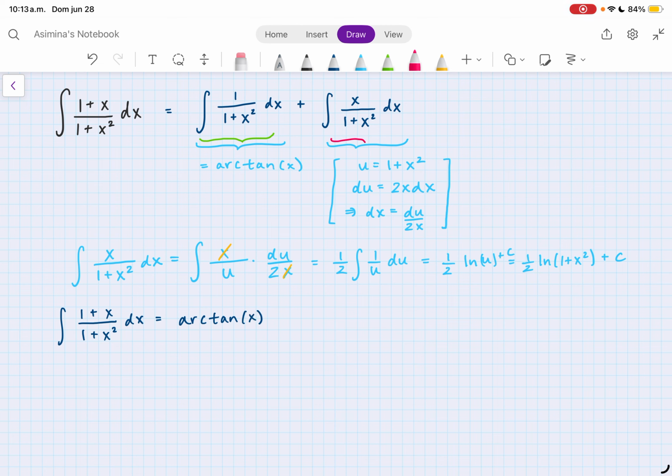And this second integral, which we just evaluated, is 1/2 ln of 1 plus x squared plus c. And this is our final answer.